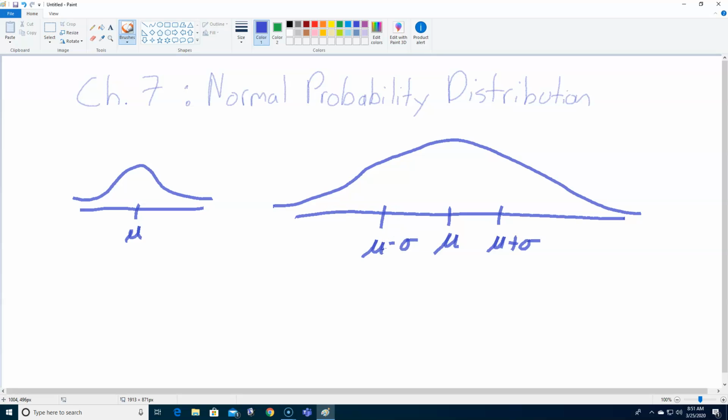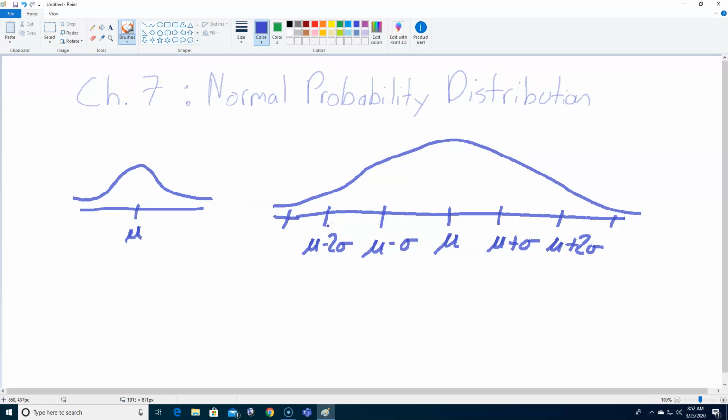So again, if I take away 2 standard deviations, if I take away 2 sigmas, I'll get this next point. If I travel out 2 standard deviations to the right, I'm adding 2 sigmas, so mu plus 2 sigmas, and then so on, because they travel out to 3 standard deviations.